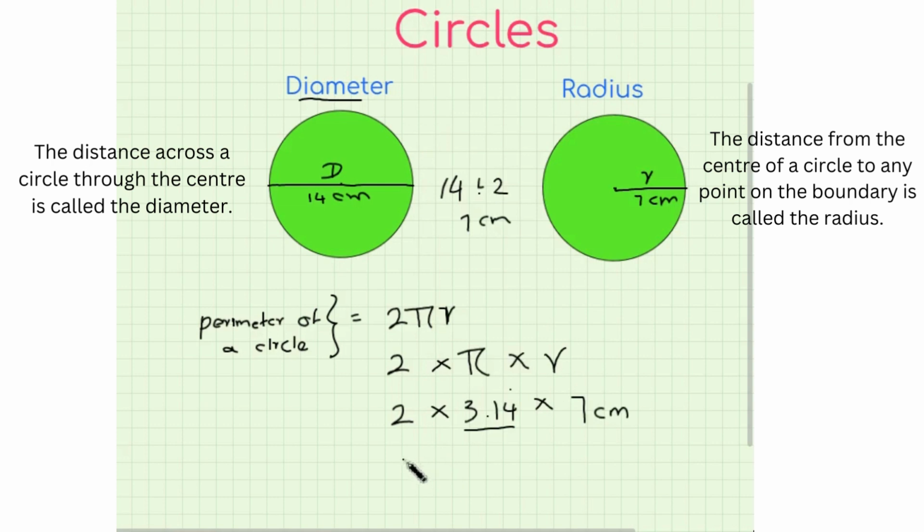And that is the perimeter of this circle. Now you can always round this up, because it's a 9 here, and that is roughly 44 centimeters.